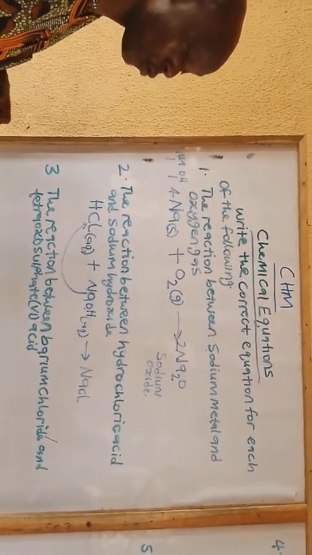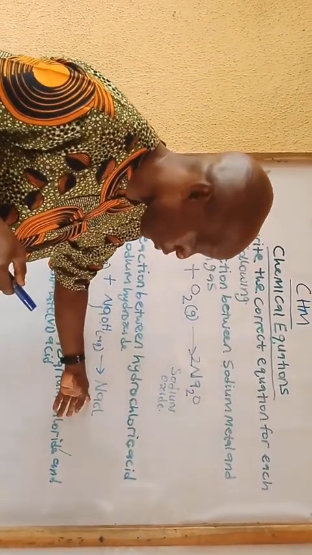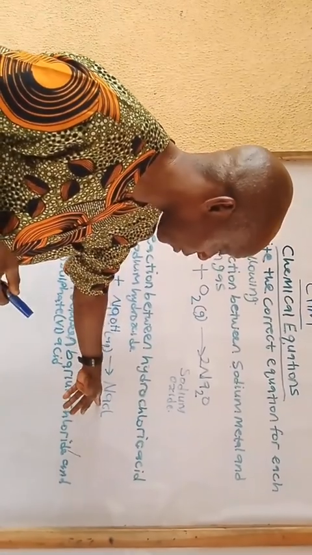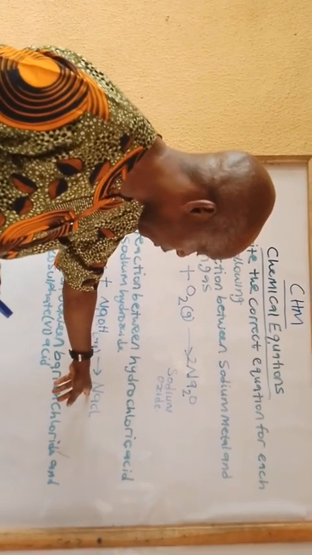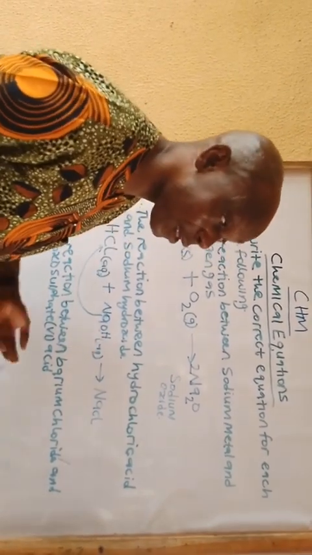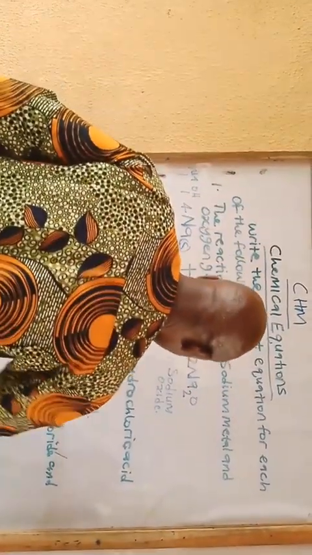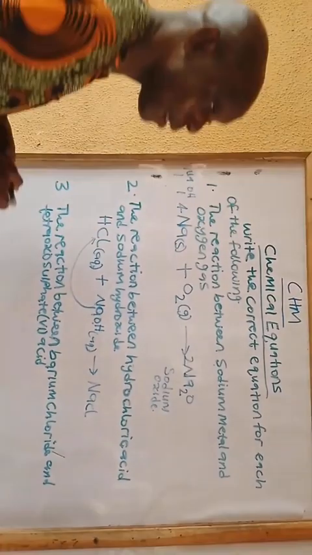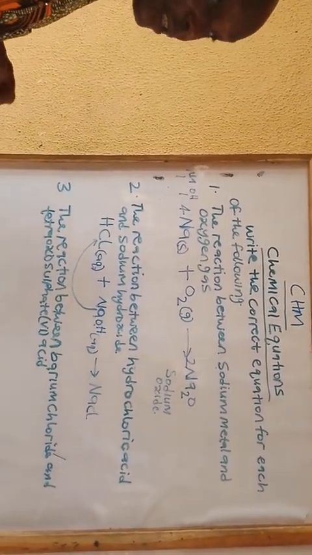That will now give you sodium chloride. And you must make sure that you write the correct formula of sodium chloride carefully. So NaCl, not Na2Cl or NaCl2. It's ordinary NaCl, because this has valency of 1, this has valency of 1, they cancel out, and become NaCl. So what will be the state of NaCl? I said the other time that any acid, base, and salt will be represented with what? Aqueous state.